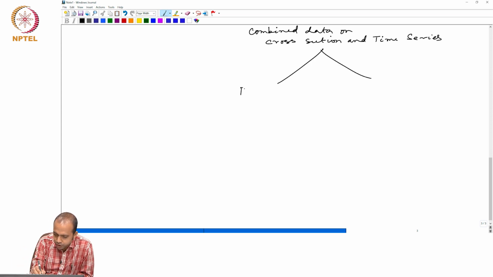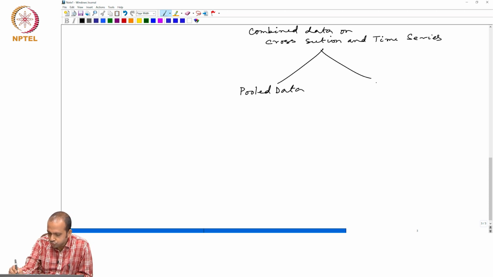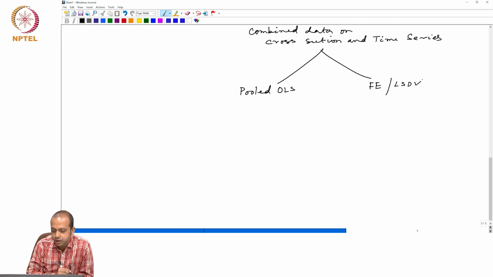Either we use pooled OLS, or we use the fixed effect model, the fixed effect or LSDV, the older version.